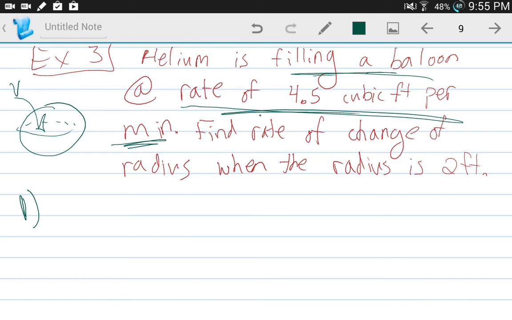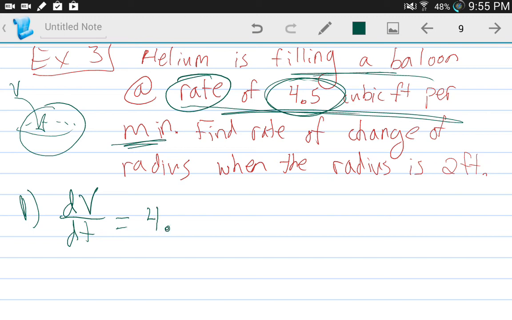So even though it didn't specifically tell us, we have to figure out that this 4.5 is talking about the volume, and it's a rate, so it's how fast the volume is changing. So that's going to be dV over dt. How fast is my volume changing at 4.5 cubic feet, meaning feet cubed per minute. So that's a given. My other given was the radius equals 2 feet.